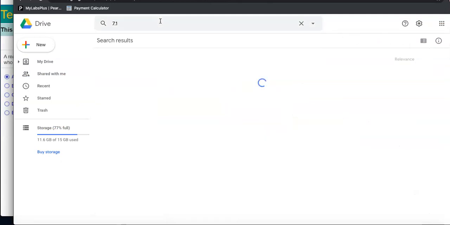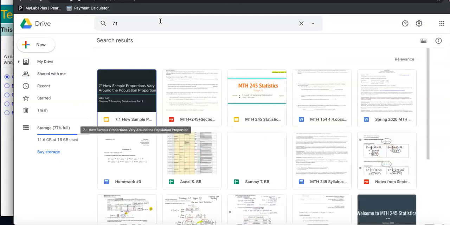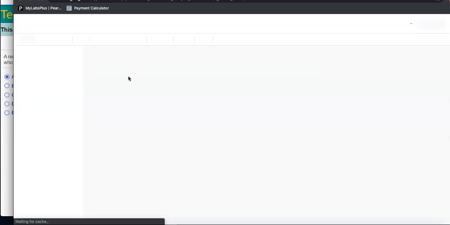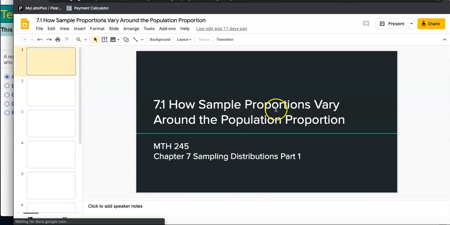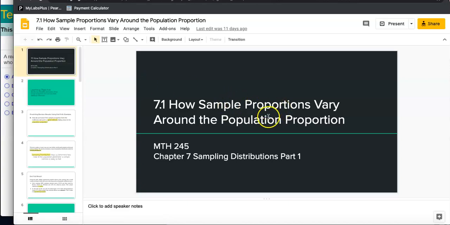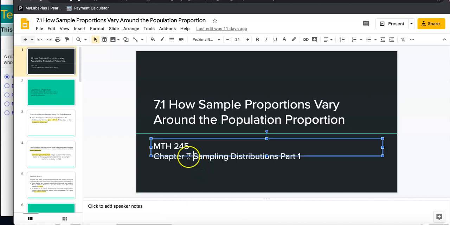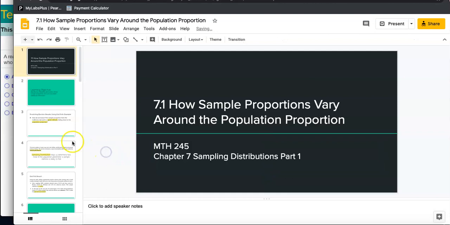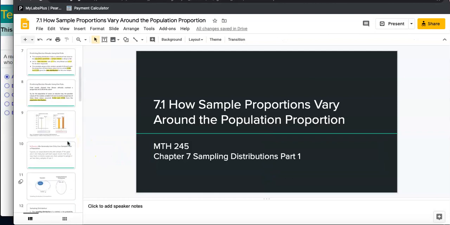Oh, I know where we looked that up. We looked that up when we did the other one about the sampling distribution of sample mean. This is it. 7.1 is when we talked about how sample proportions vary around the population mean, and this is from chapter 7. And what you need is how do you tell the mean and the standard deviation.